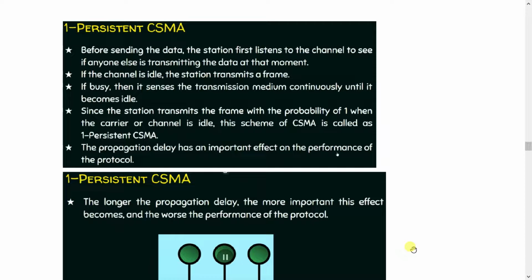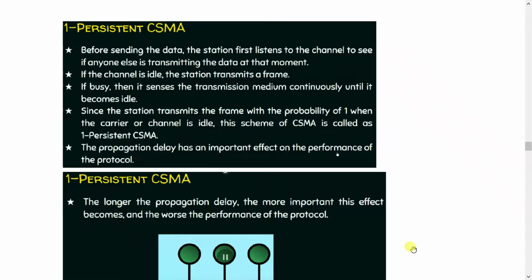Wait a little bit. But this protocol unfortunately was developed without considering this phenomenon, and therefore it's not that efficient. It doesn't make sense to keep sensing if you find it busy from the first sensing trial.